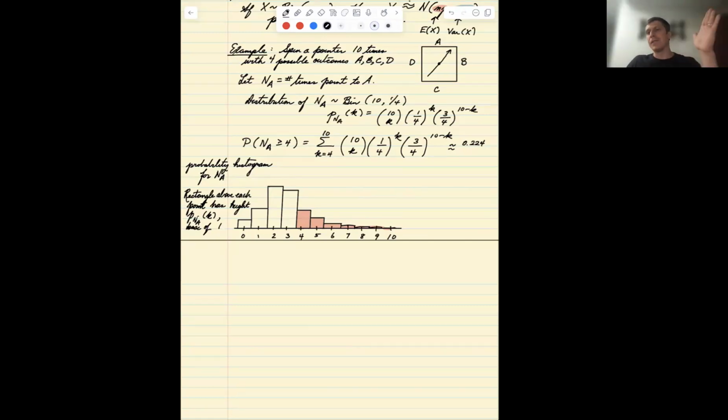Because it goes from half to the left, half to the right. And therefore, the area under the curve, the area of each rectangle, is the probability of that point.